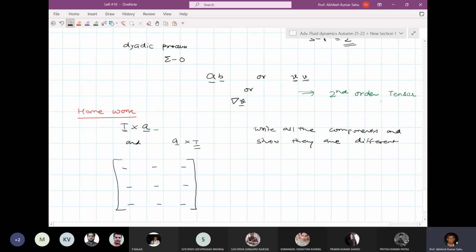The same means all the components will be same, different means the components will be different, right? If any one of the components is different, that means those two second order tensors are different, right? So you can take this as homework.